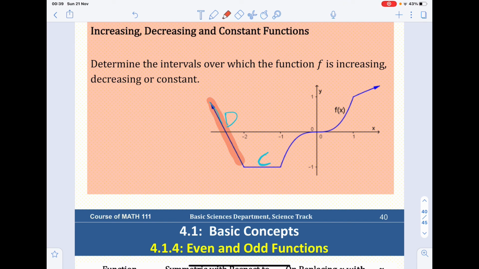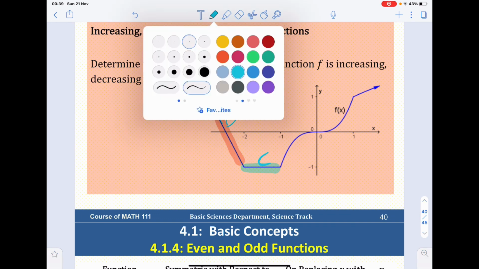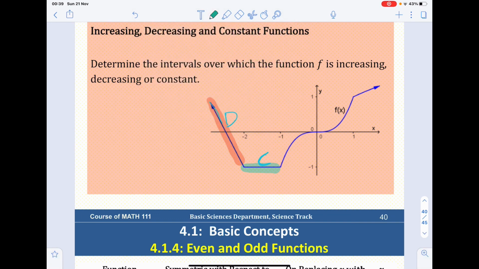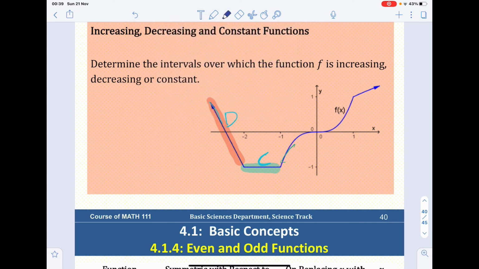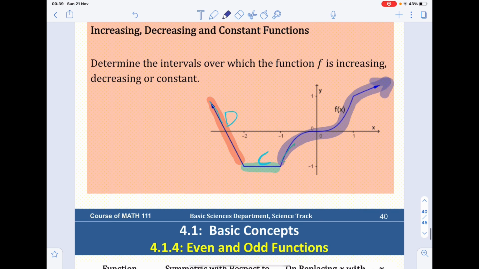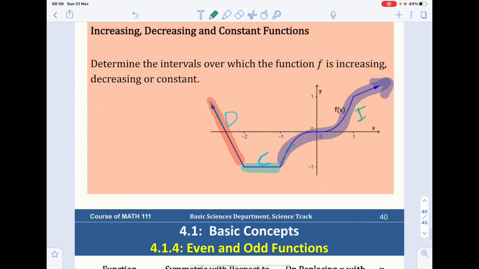This part is constant, and then the rest, as you see over here, is going up. So all of this is increasing.